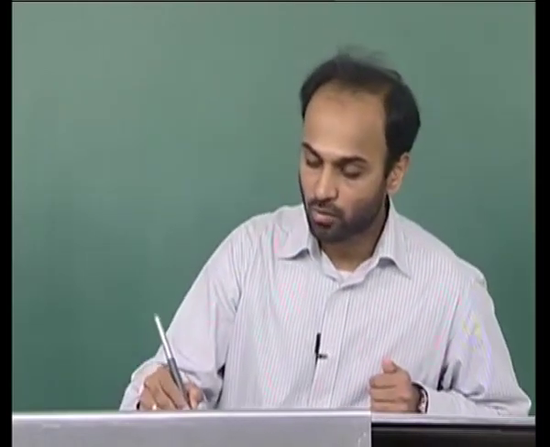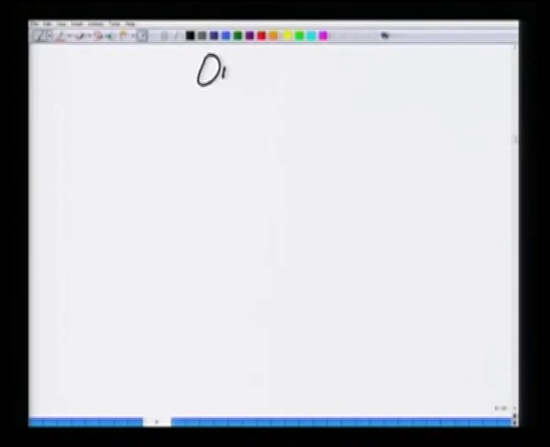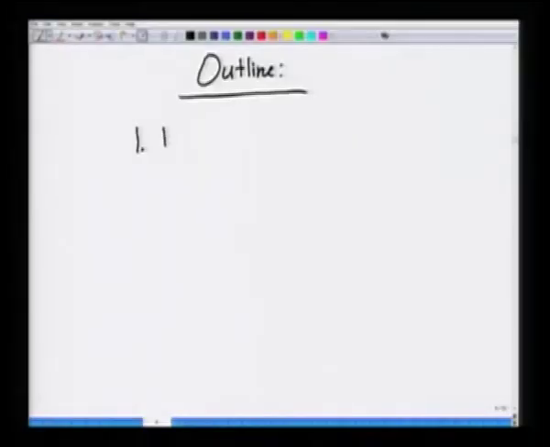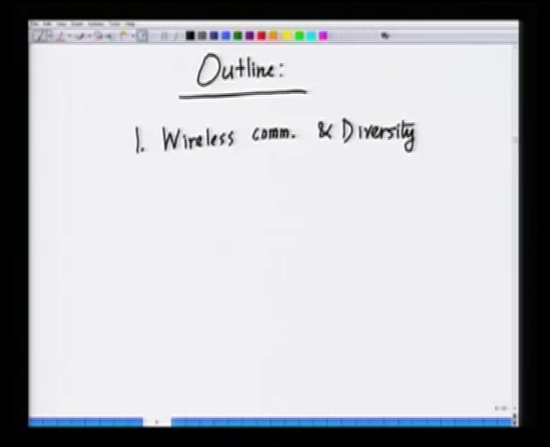So, this is an outline of the course. We first start with our first chapter, which is wireless communications and diversity.